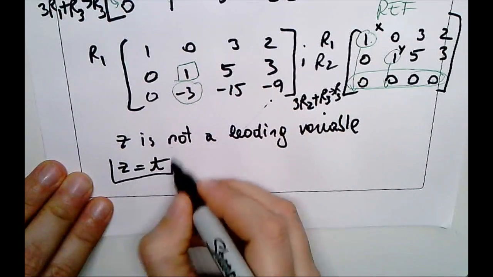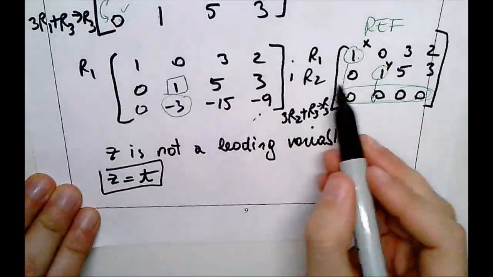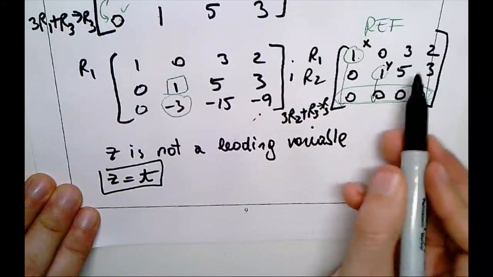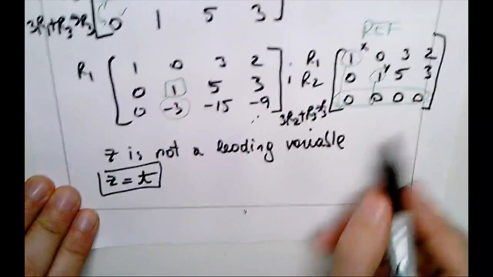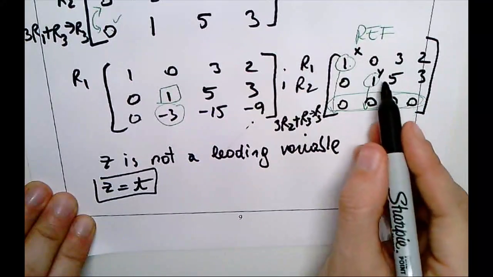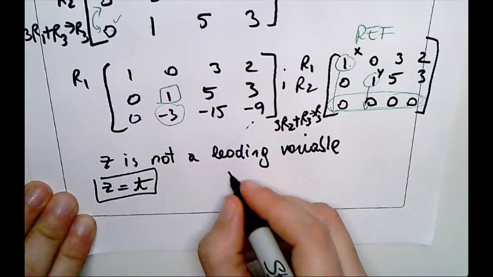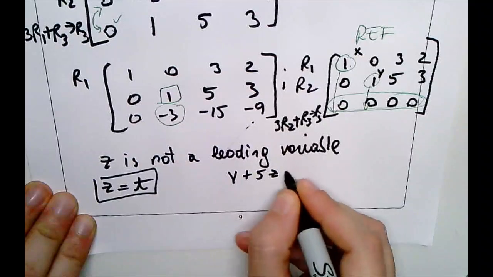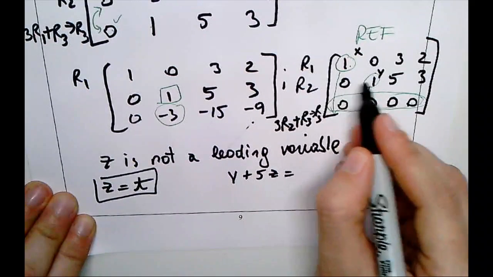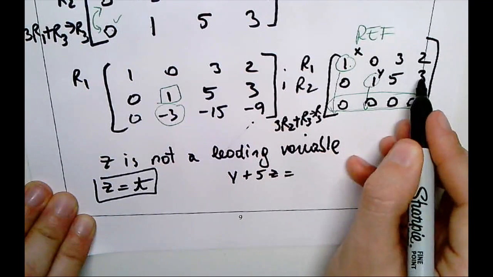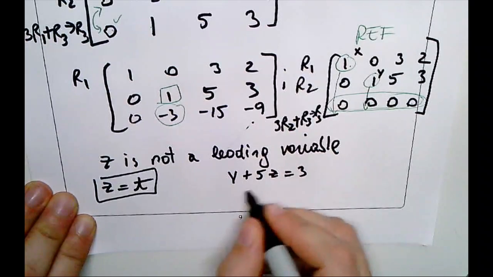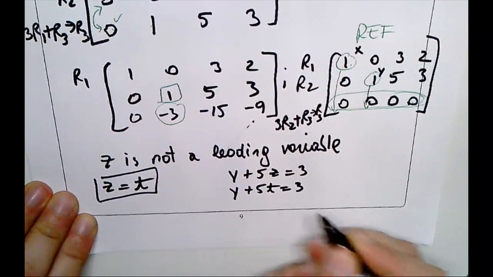So if z is t, then what's going to be y? So we do work with back substitution. So from the second equation, I get that y plus 5z equals 3, right? 0x plus 1y plus 5z equals 3. But z is t, so y plus 5t equals 3.